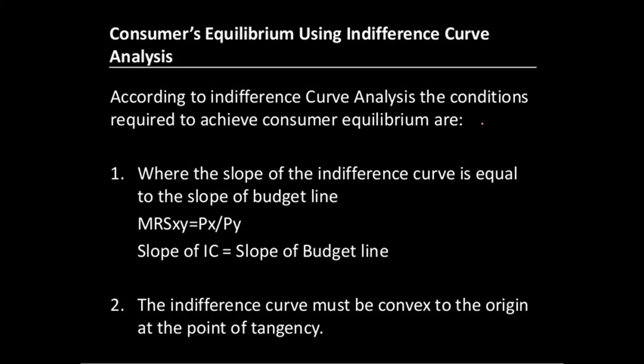That is, when MRS of commodities XY is equal to the price of commodity X divided by the price of commodity Y. The slope of IC should be equal to the slope of the budget line, then only the consumer will be in the condition of equilibrium. Second, the indifference curve must be convex to the origin at the point of tangency.